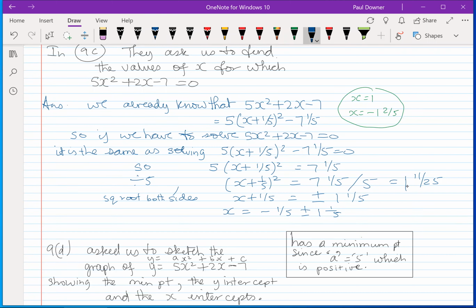Okay, so your answer is either going to be x equal to negative 1/5, if we use the plus here, plus 1 and 1/5. Or the other value for x will be negative 1/5, and now we're going to use the minus option, minus 1 and 1/5.